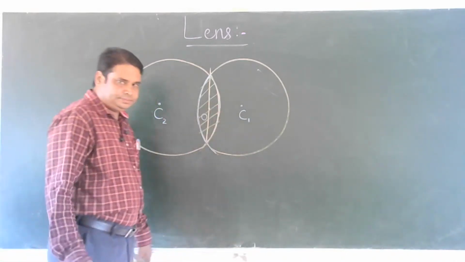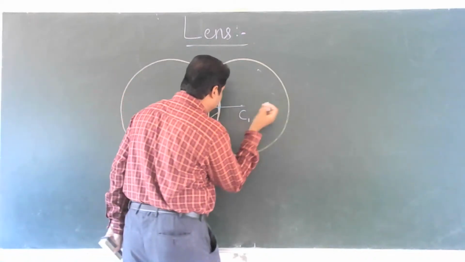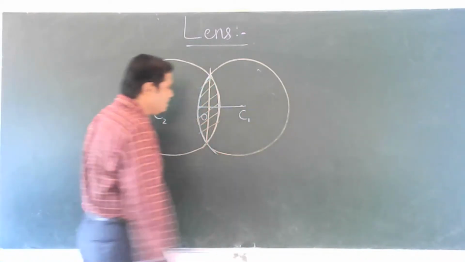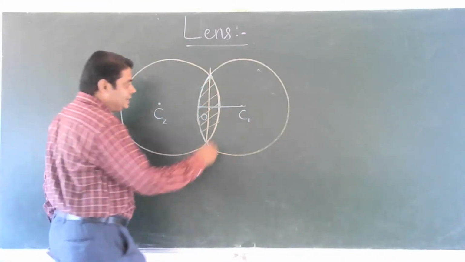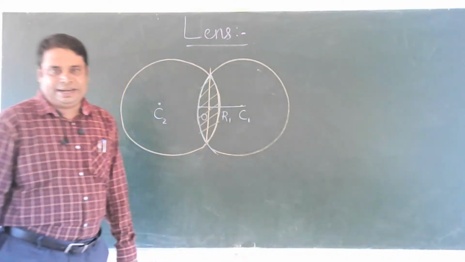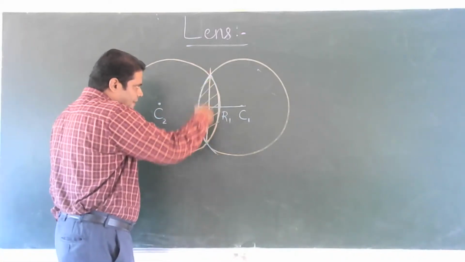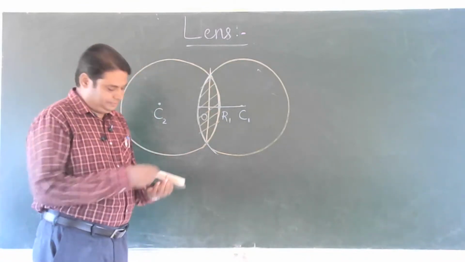A line joining the circumference of the first surface to C1 is the radius of curvature of the first spherical surface, R1.